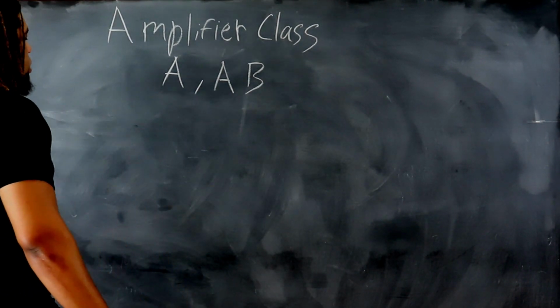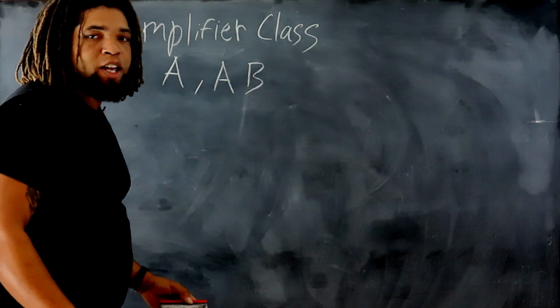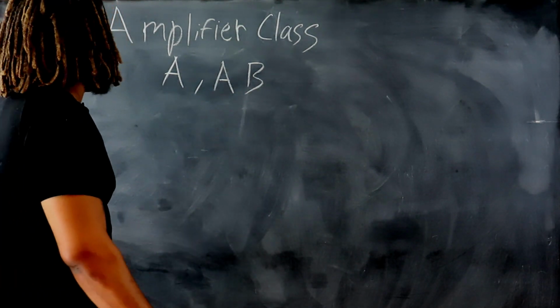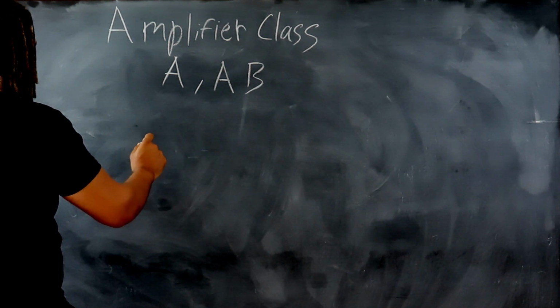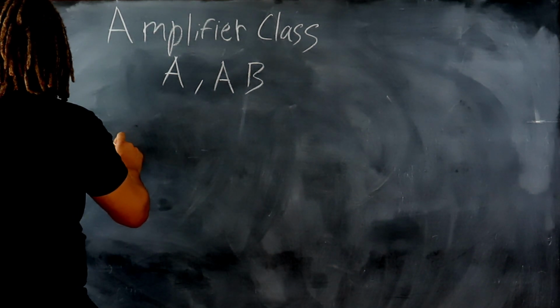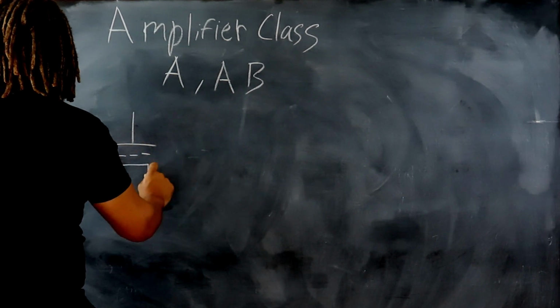So a typical, let's say, I'm going to go in between using vacuum tube topology and transistor topology here. So let's say a typical vacuum tube Class A amplifier will look something like this.